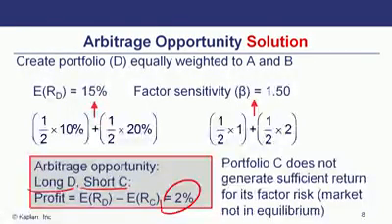So portfolio C doesn't offer sufficient return for its risk, so the market would not be in equilibrium. But if everybody's selling portfolio C, that's going to drive down its value, which drives up its return. If everyone's buying A and B, then this arbitrage is going to be a self-eliminating circumstance where it's going to drive up the value of portfolio D and down the value of portfolio C until everything is back in equilibrium.